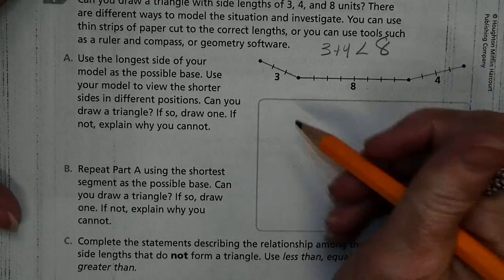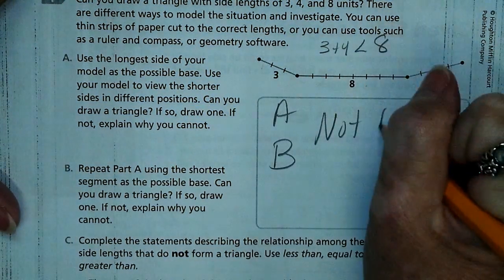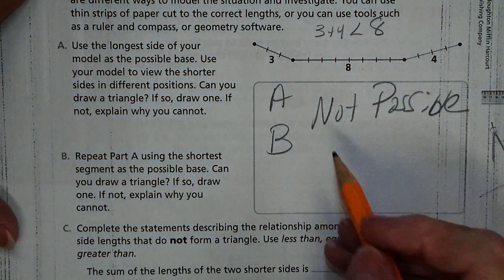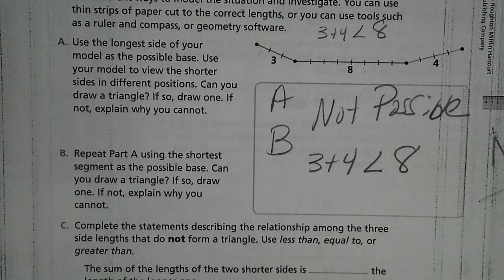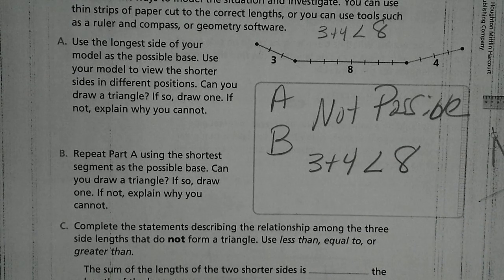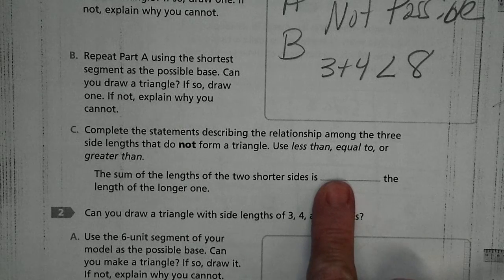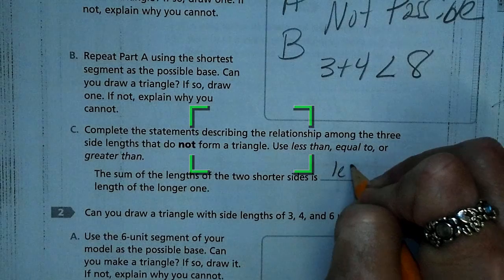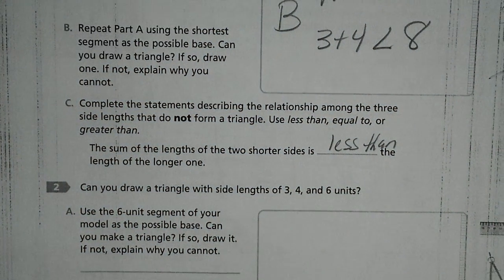So for A and B, we're going to put not possible. And the reason why is 3 plus 4 is less than 8. There's no way it's going to work. And that's what we're going to put here for C: the sum of the lengths of the 2 shorter sides is less than the length of the longer side.